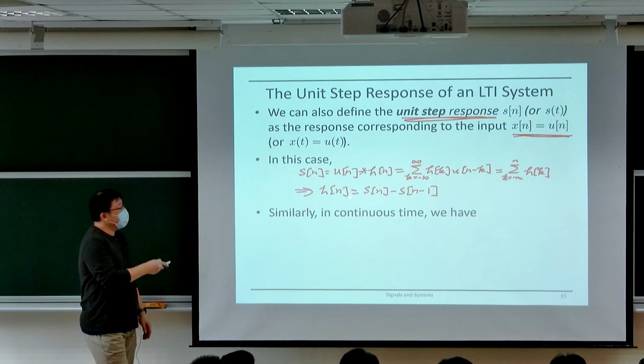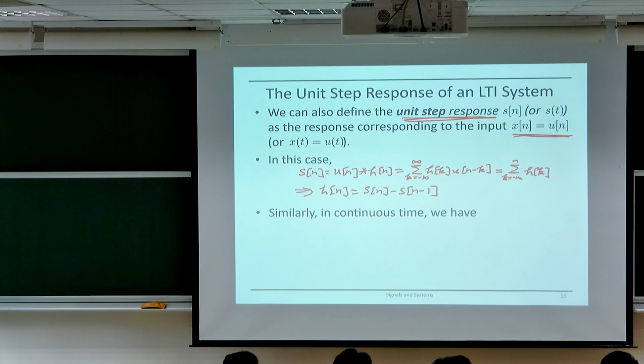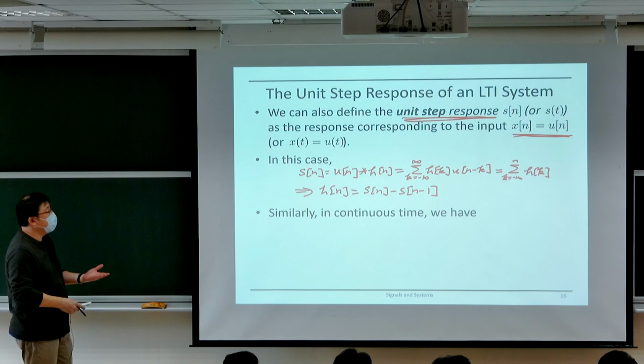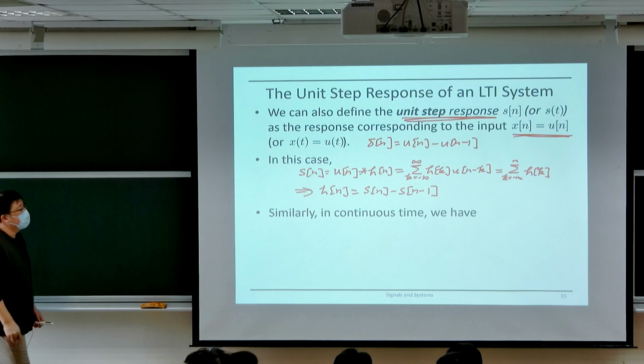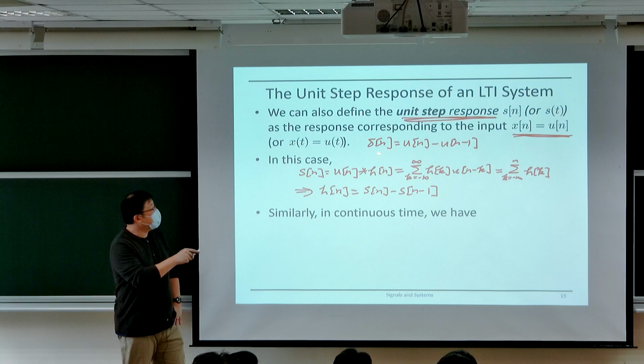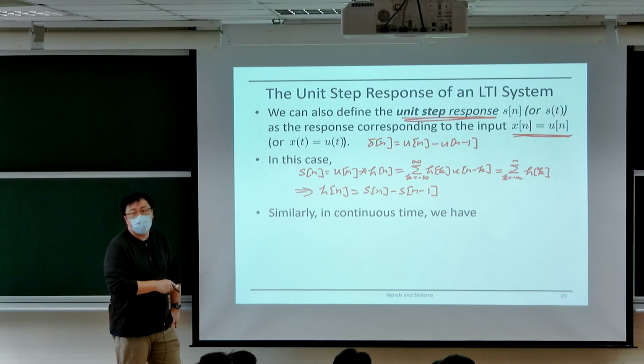Now, having h equal to S of n minus S of n minus 1 is also straightforward if you view it from the superposition property of a linear time-invariant system. Because if you take instead delta of n as the input, we know we can write delta of n as u of n minus u of n minus 1.